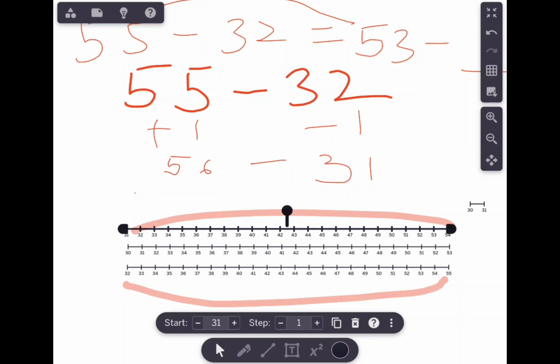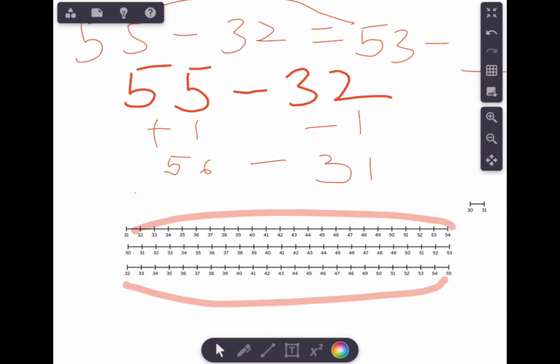That means if I add 1 to 55, I also need to add 1 to 32. That will be 33. And if I start with 31, then I would end up at 54.